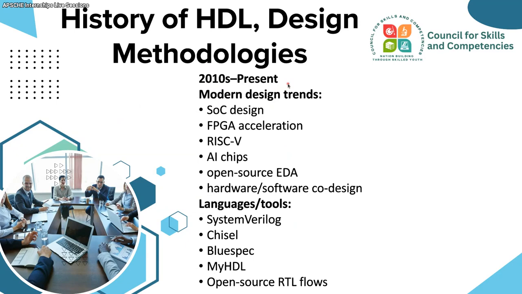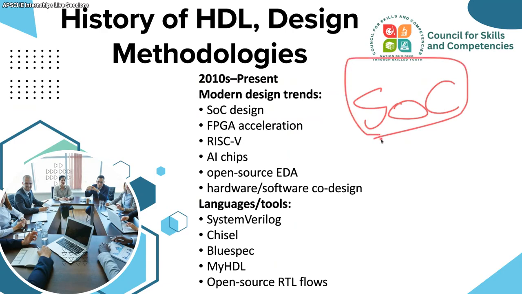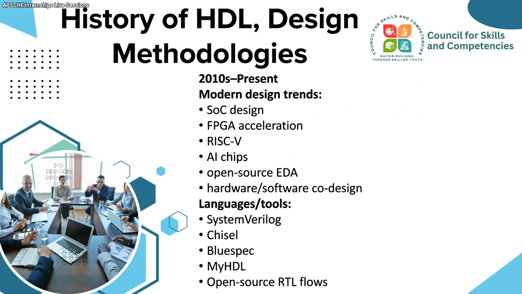Previously, before 2010 and so on, we would go and buy an 8051 microcontroller. Nowadays it has become a system on chip. Then field programmable gate array acceleration has been involved, and open source RISC-V.